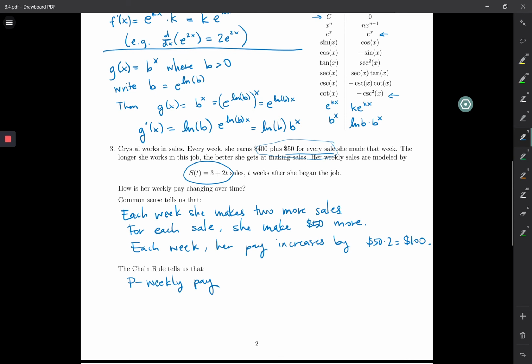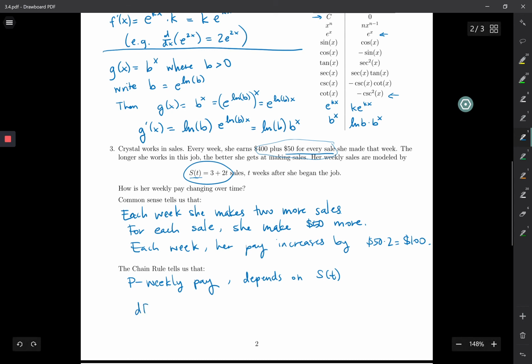So in our first solution, we didn't use that she made $400 plus $50 for each sale. We just used the part where she makes $50 for each sale, right? Okay, so notice that her weekly pay depends on the number of sales. So that was modeled by this. So this depends on S of t.